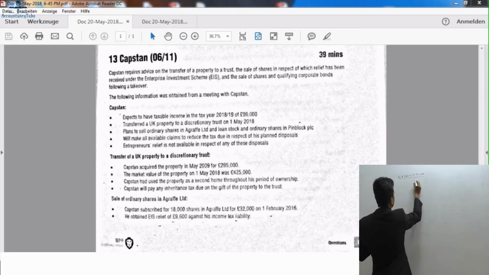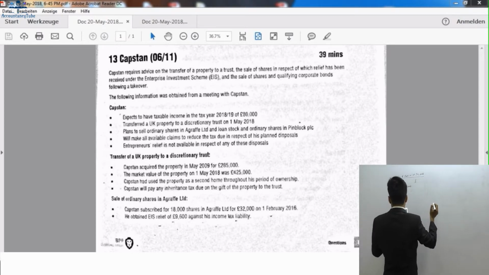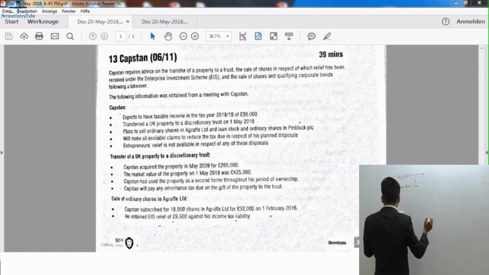If we sell the shares on 1st of July 2018, what would be the tax implications? So first of all, we'll take sales proceeds. And sales proceeds in this case are how much he has sold the shares for? £20,000. So £20,000 is the sales proceeds.